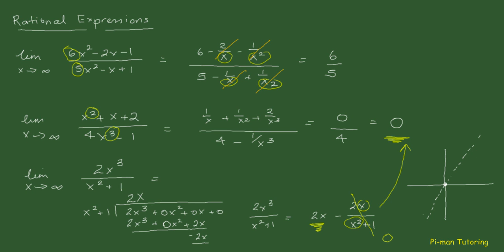So we know we are approaching this asymptote on this side, and when x is negative and large, the numerator becomes negative and large. The denominator stays positive. So that means we're getting large and negative.